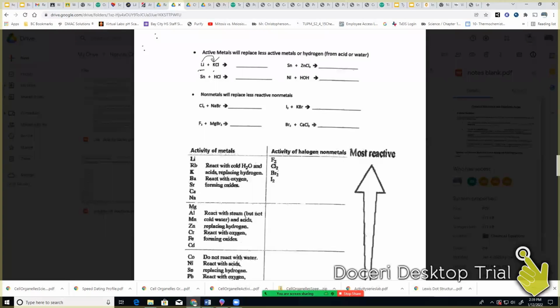For it to be able to do that, the lithium has to be more reactive than the potassium. And is it? Here's my lithium and here's my potassium. So it is higher up, which means it's more reactive. So we're going to kick out the potassium. It has to be all by itself. And now lithium will join with chloride to form lithium chloride.